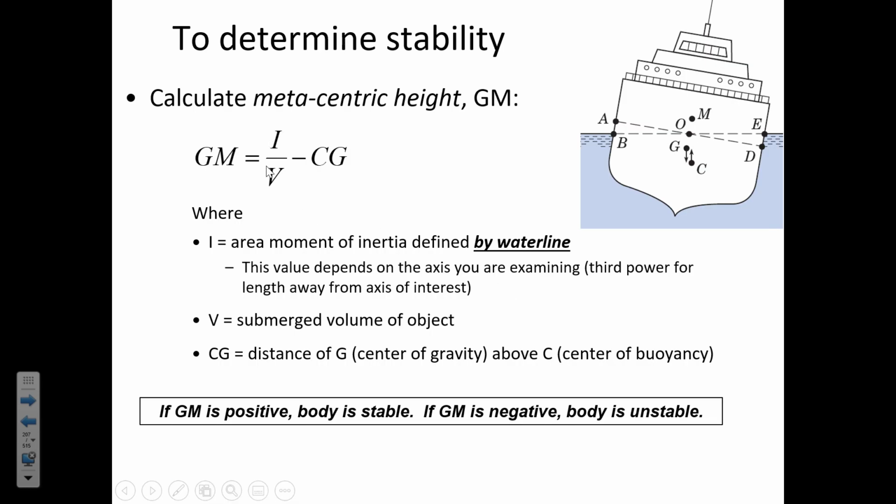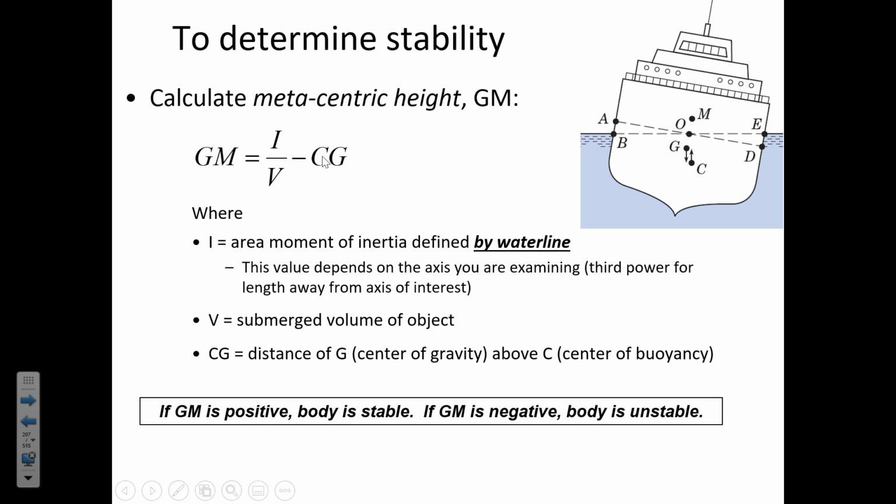Divide I by V, which is the submerged volume. That's the first term, and the bigger this is, the more stable it's going to be. So if you have a big area moment of inertia and a low submerged volume, that's going to mean it's very stable. But the larger the submerged volume is, if you have it really deep under the water, then that's going to make it less stable compared to something that has a shallow draft.